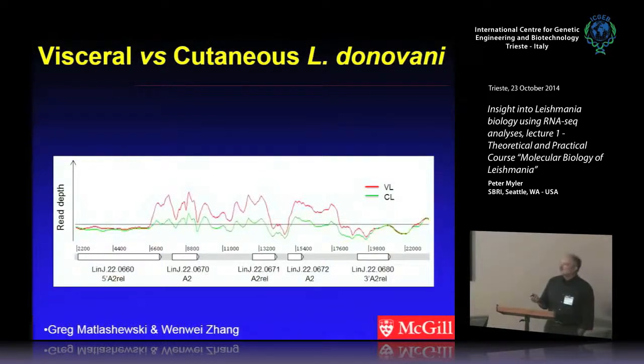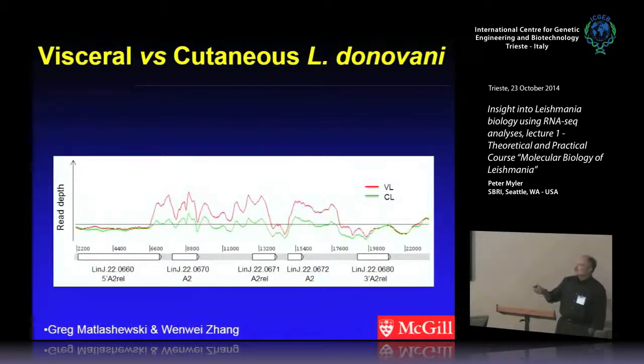When we looked for differences between the two, we found some clear differences in the A2 locus, which is a repeated locus on chromosome 22. And what you can see here is that the copy number of this region in the VL strain was higher than it was in the CL strain.